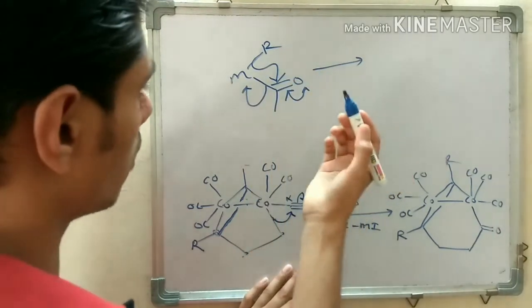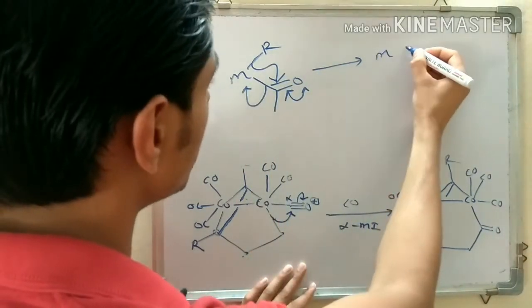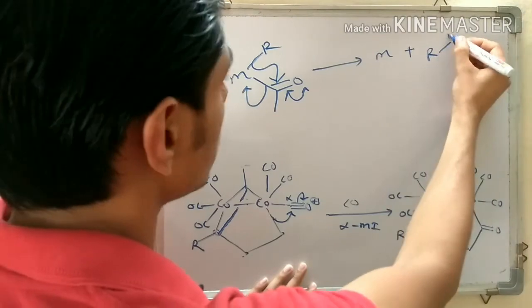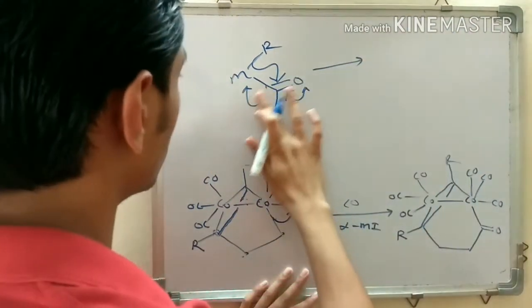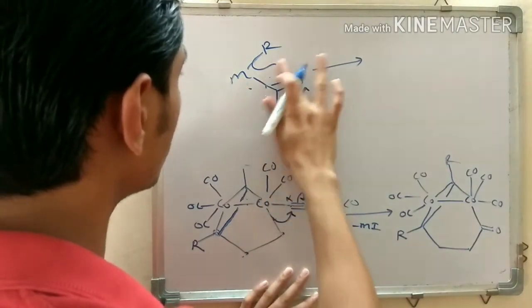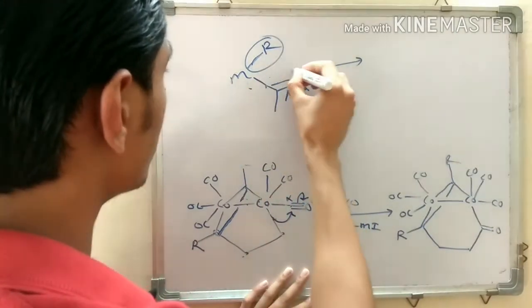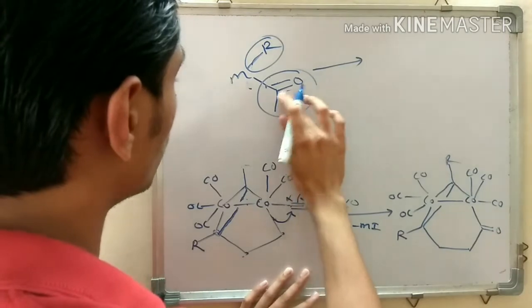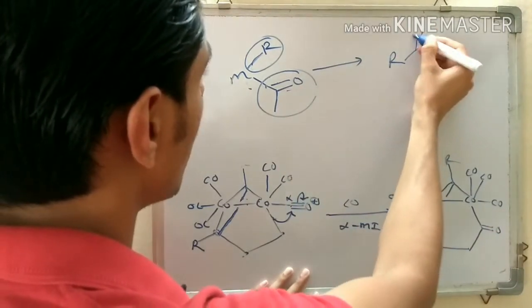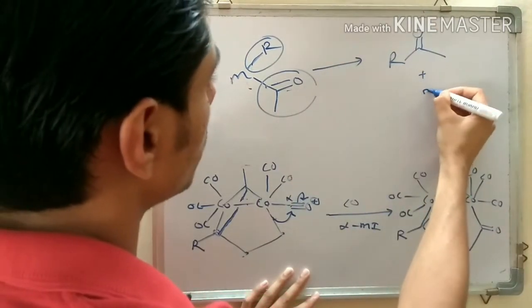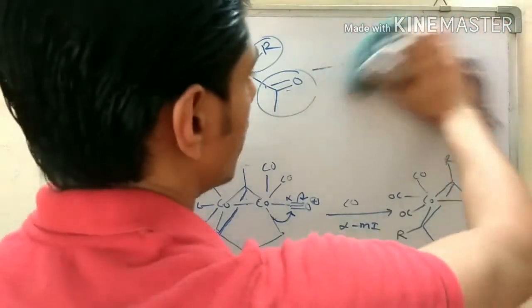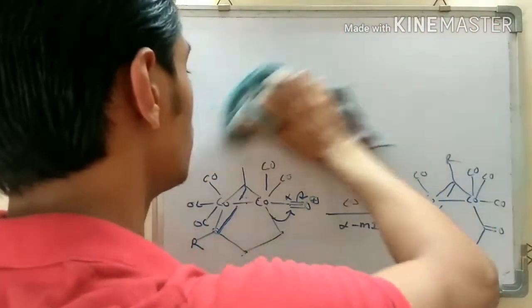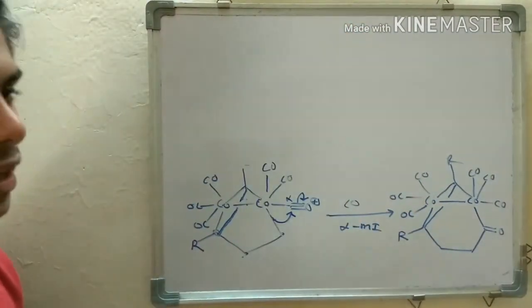So if you draw like this, you will get this metal plus this RCOR. So basically what is going on here is that this group and this group together leave as this, and you have your metal. So this step is called reductive elimination, and in organometallic chemistry you will encounter this type of reaction very frequently.